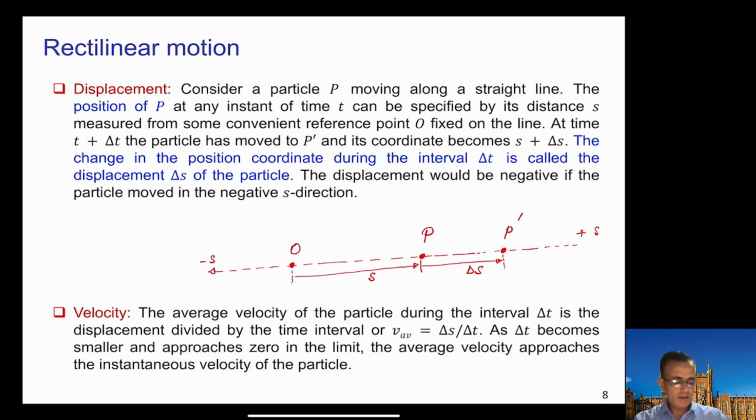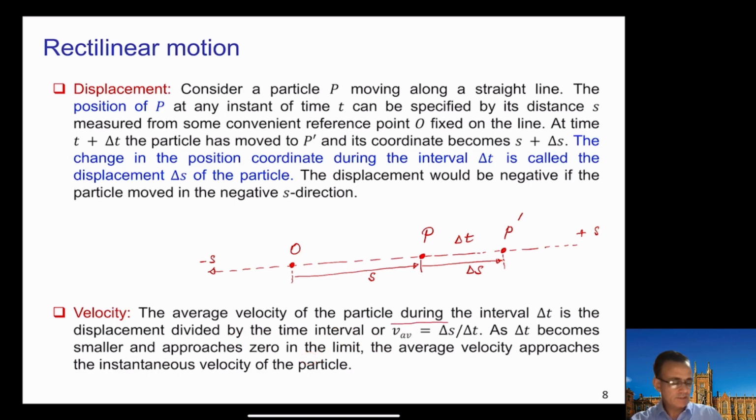Now we can define velocity here. The average velocity of the particle during the interval delta t: we know that the particle takes time delta t when it moves from point P to point P dash. So this time is delta t, and the displacement here is delta S. Now the average velocity of the particle during the interval delta t is the displacement divided by the time interval, or this equation here.